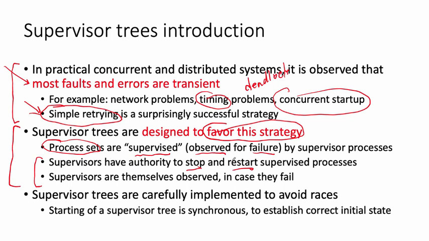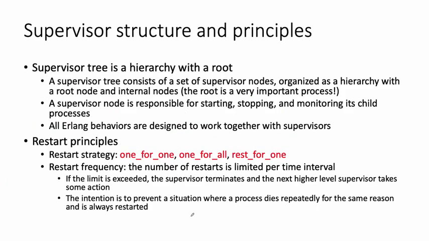Supervisors can themselves be observed in some cases, as I mentioned in the question. The supervisor tree itself is carefully implemented, so there are no internal problems like race conditions. The starting of a supervisor tree will be synchronous. So this is already implemented, and the programmer does not have to worry about it. The supervisor tree itself is very carefully implemented. So that's the basic principle.